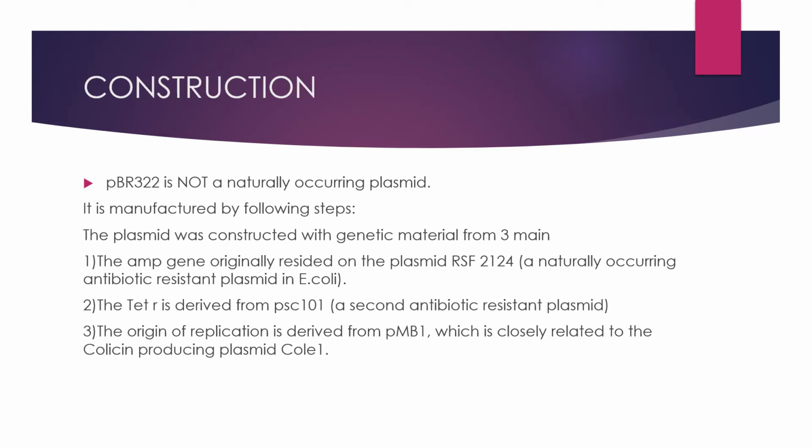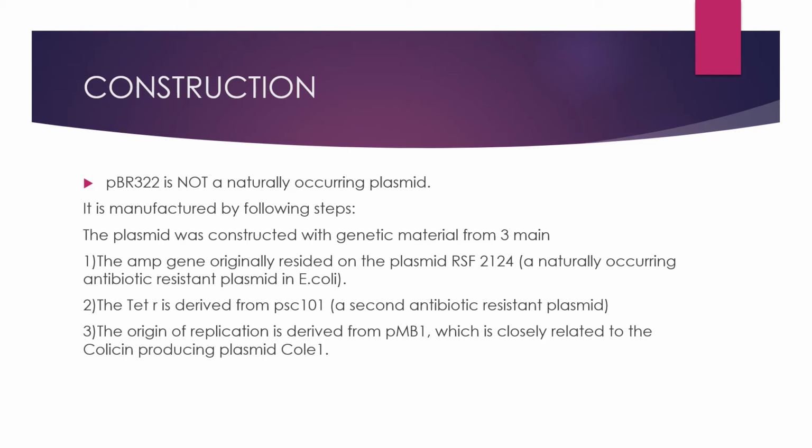Let's talk about the construction of pBR322, how Bolivar and Rodriguez constructed it. It is mainly obtained from three sources. As we can see, pBR322 has the ampicillin gene, the tetracycline gene, and the origin of replication site. The ampicillin gene is originally present on the plasmid RSF2124 of E. coli.